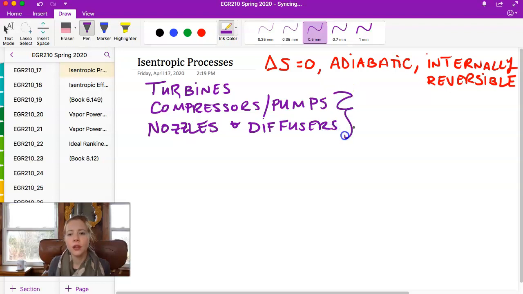And these are all isentropic devices, or adiabatic.